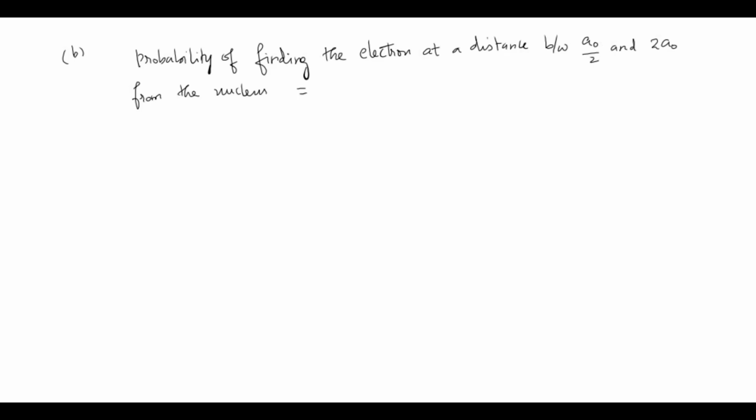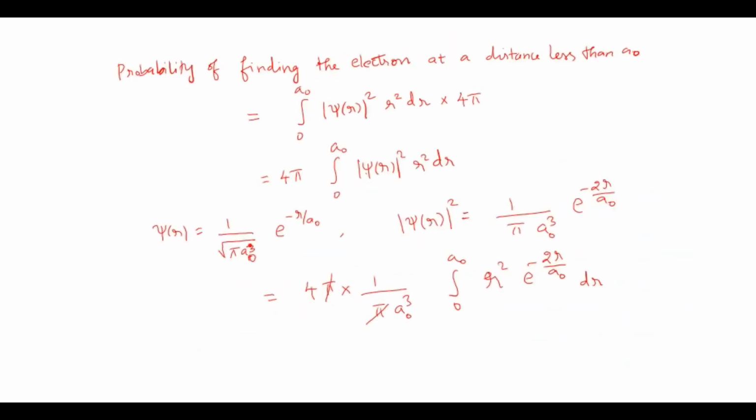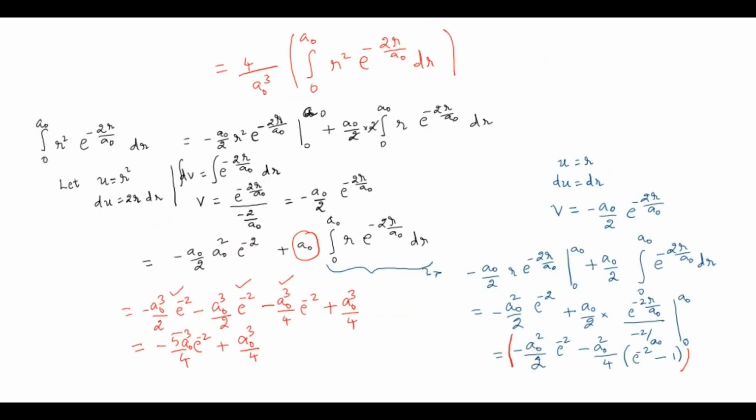The integration which we have to solve is nothing but this integral, the same integral, this part. Okay, so similar integral. So we have to calculate this same integral here, but the only difference from this problem is the limits of the integral.